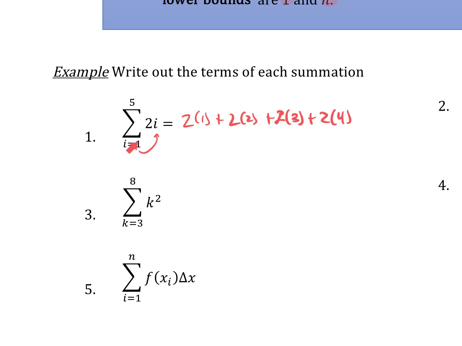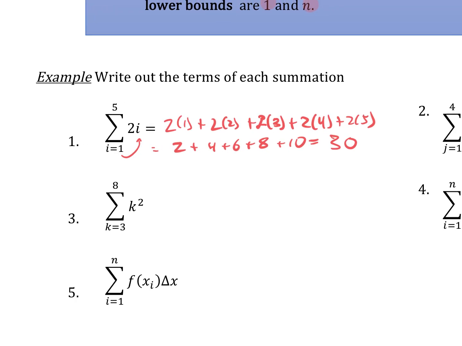Plug in 1, 2, 3, 4, and 5, and we stop there. Now we can compute these out. These are 2 plus 4 plus 6 plus 8 plus 10, and that comes out to be 2 and 8 is 10, and 10 and 10 is 30.